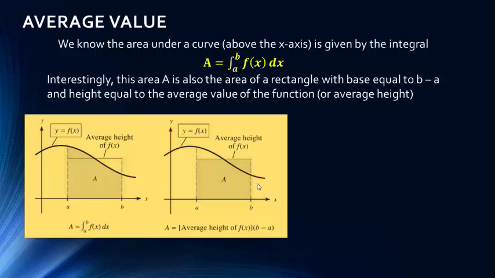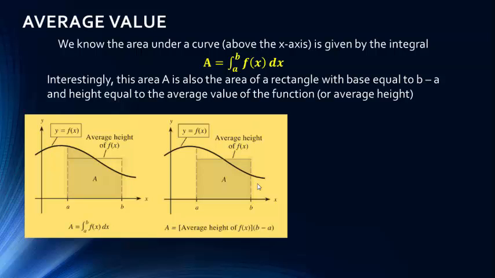Now this is another interesting piece, and this is one of the last formulas we're going to add in here. We know that the area under a curve and above the x-axis is given by the integral. Area equals the integral over the interval from a to b of f of x dx.